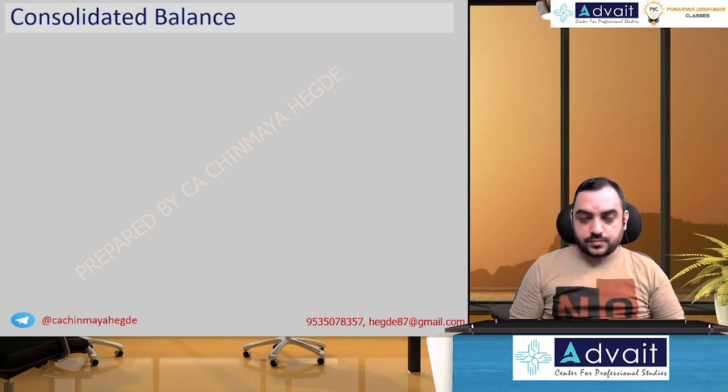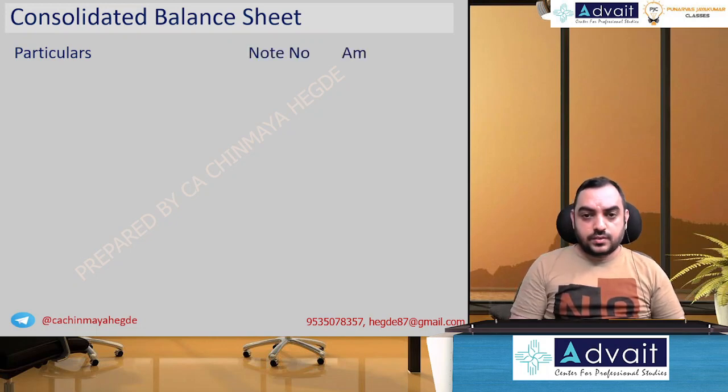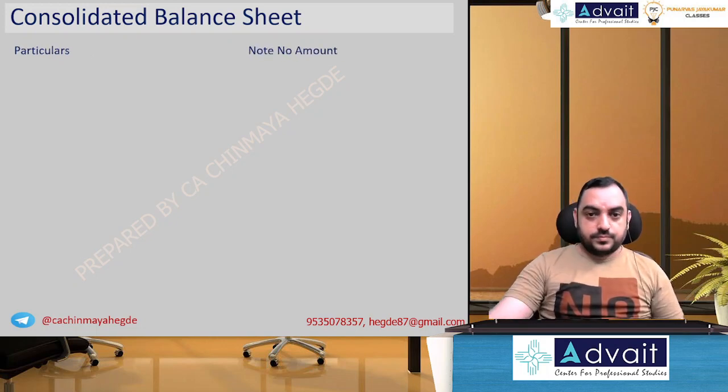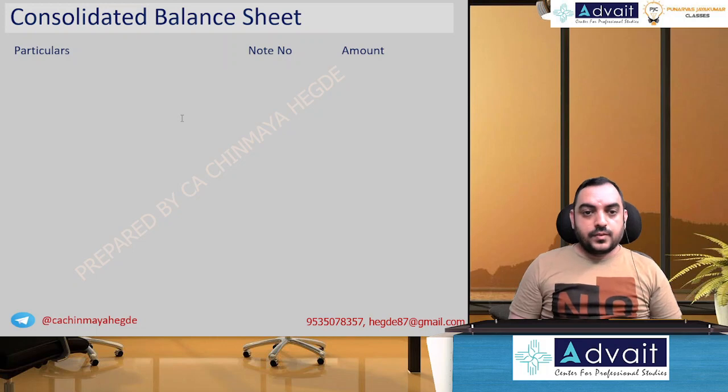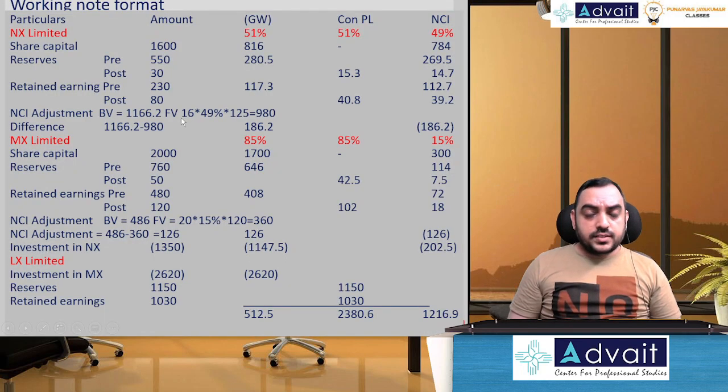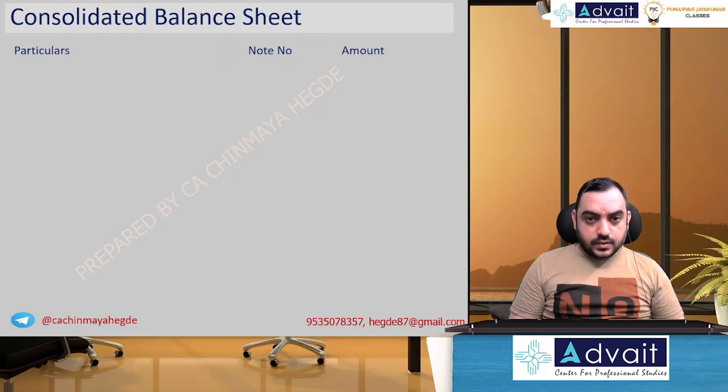Consolidated balance sheet. Particulars, note number, amounts. Start from the asset side. Assets, non-current assets, to that PPE.